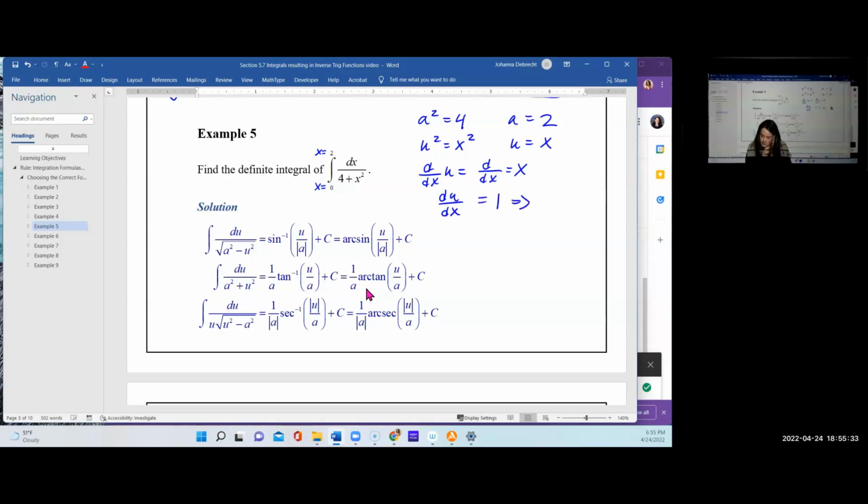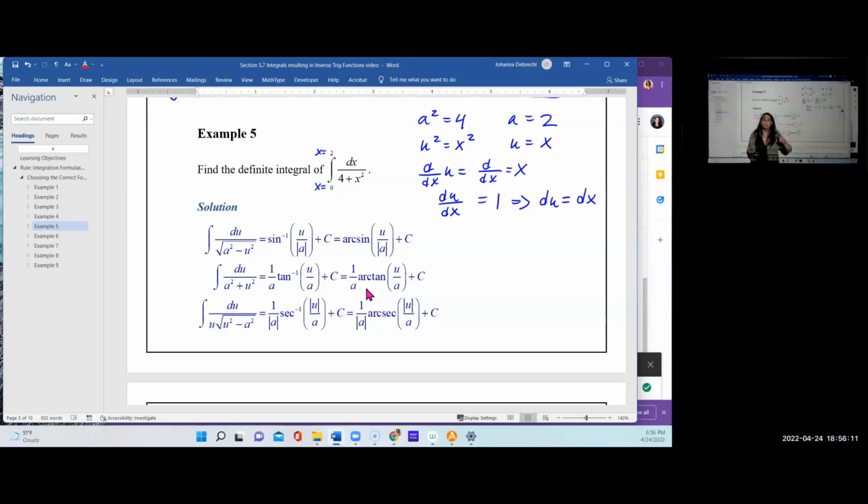That then tells me, by swinging the differential dx to the other side, that du is equal to dx. Again, this is an abuse of notation, which shouldn't happen, but it works, so we do it. But again, this does not represent a fraction, but treating it like one works for the notation, so we do it. Now we have something for the 4, which is a squared, something for the x squared, which is u squared, and we have something for the differential dx, which is du.